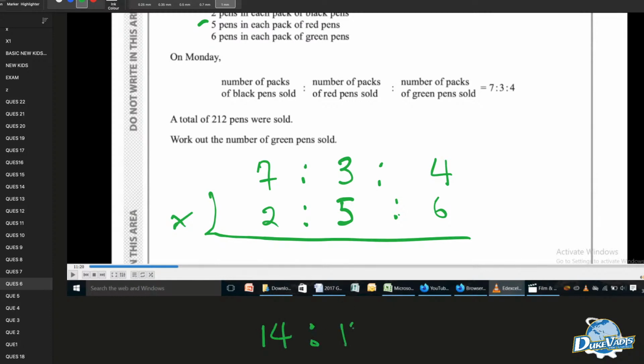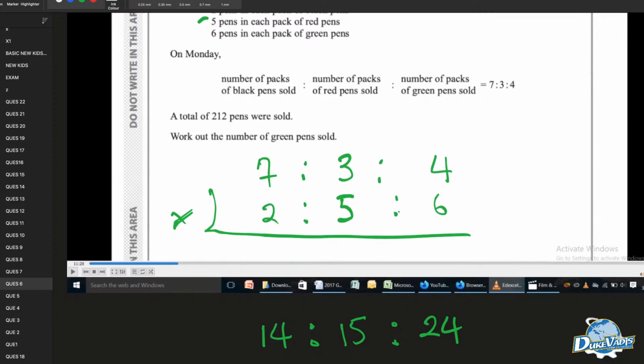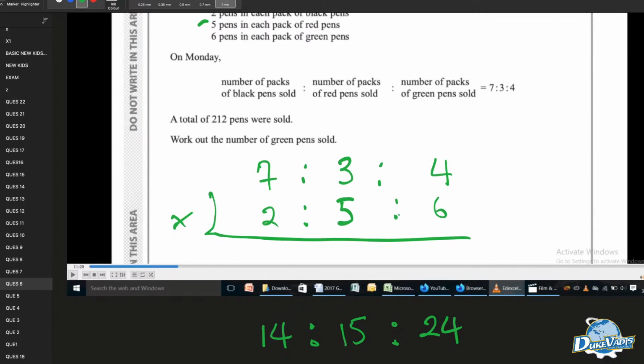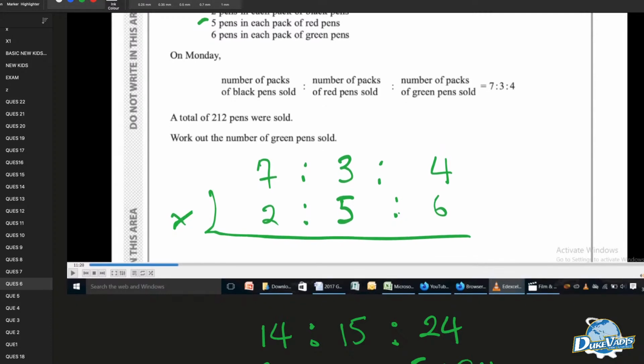And this will be 15, and this will be 24. So let's calculate the total ratio. The total will be 14 plus 15 plus 24, and that will give us 53.